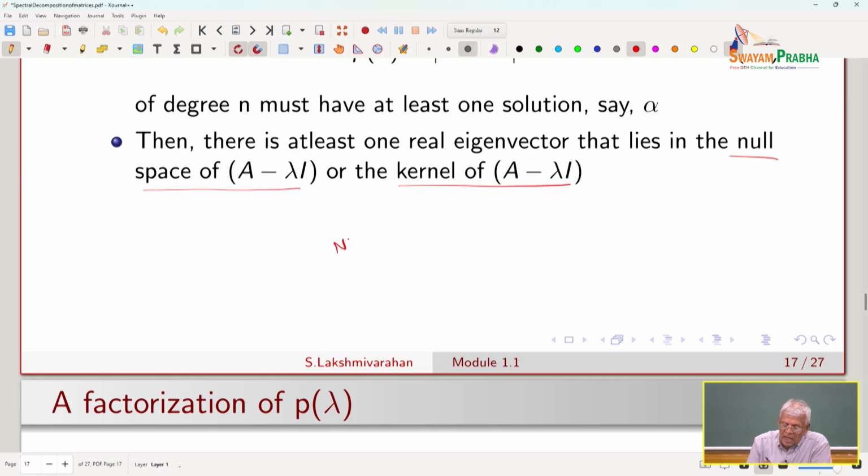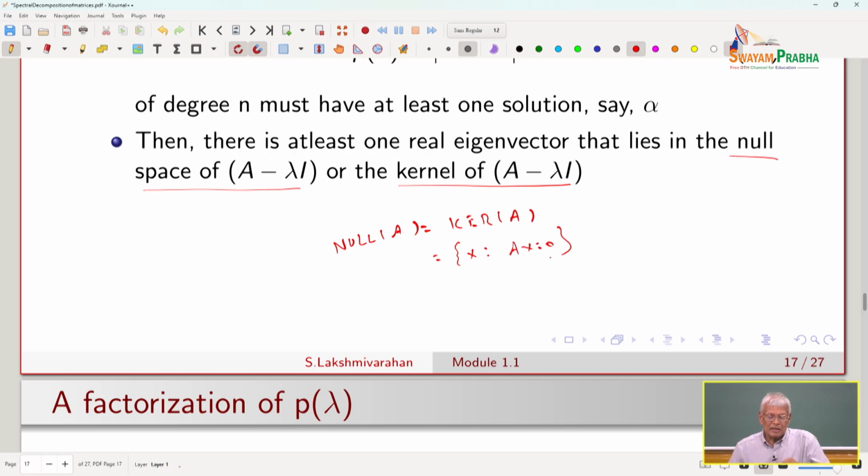So the null space of A is also called the kernel of A. And what is the null space? It is the set of all vectors x such that Ax is equal to 0.